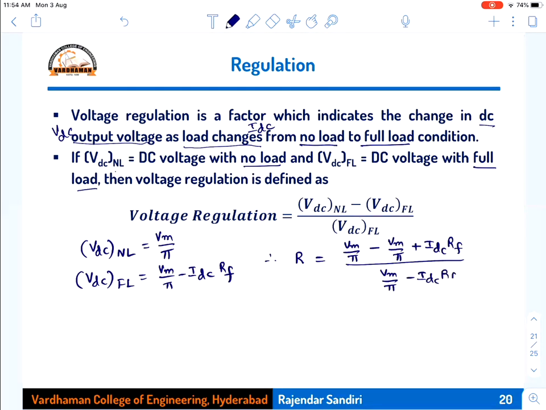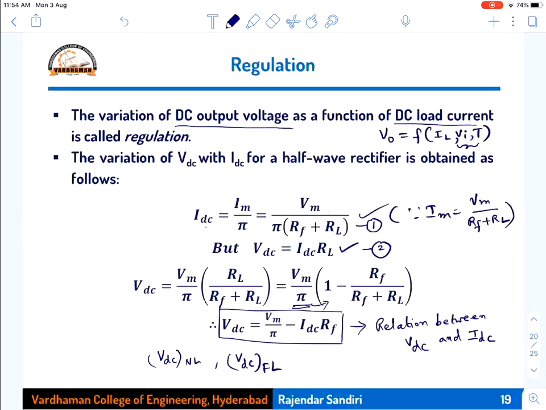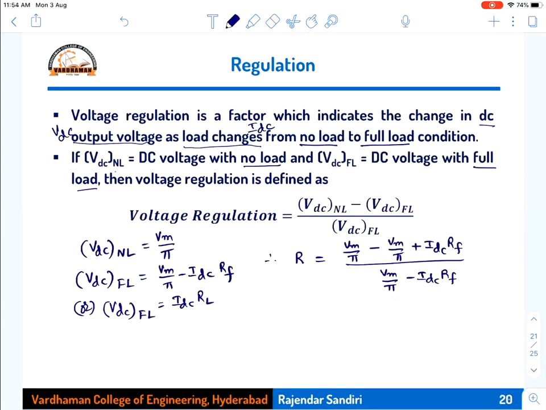But VDC full load, from where we derived it, can also be written as IDC into RL. From there only we derived that equation, the final third equation. So this denominator, instead of Vm by pi minus IDC RF, which was derived from the base equation, is IDC into RL.